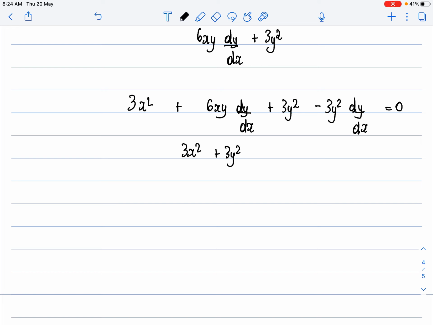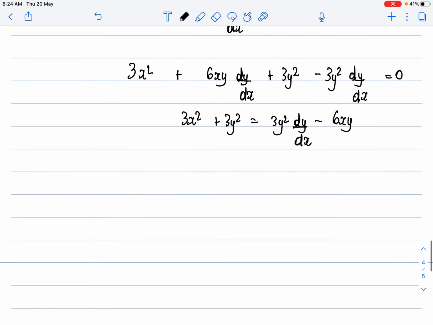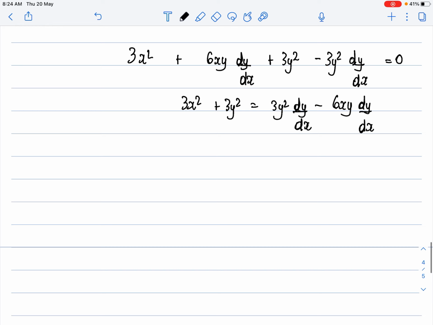Now what I can simply do is write this as 3x square plus 3y square is equal to 3y square dy by dx minus 6xy dy by dx, obviously. So now I can write this as 3x square plus 3y square is equal to dy by dx, taking common, times 3y square minus 6xy.